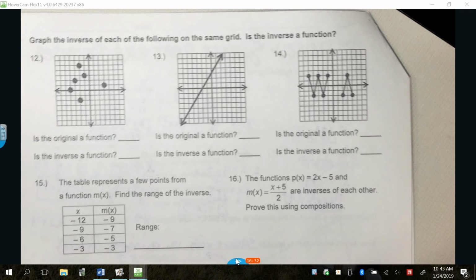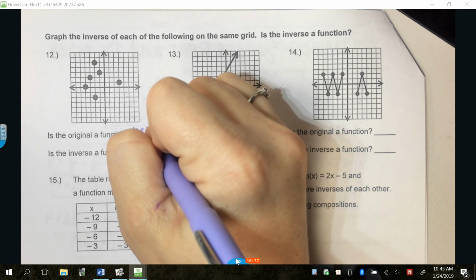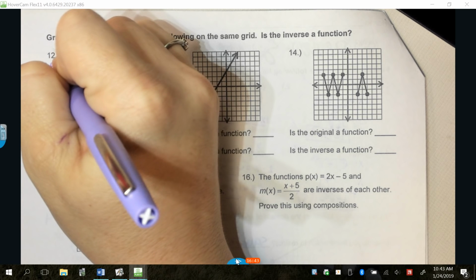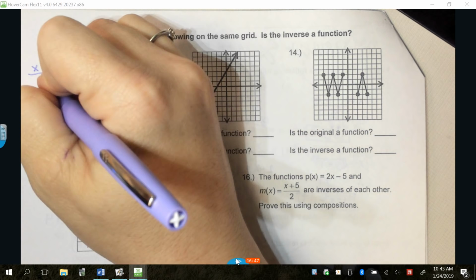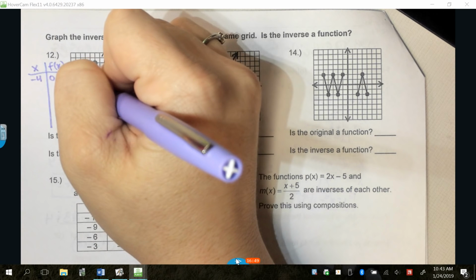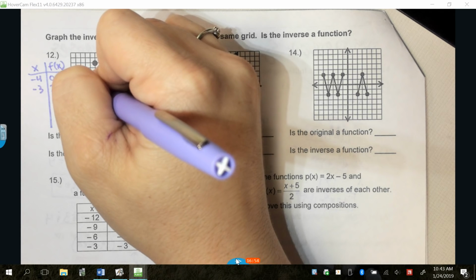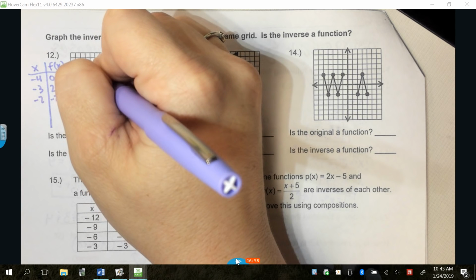Okay, I'm going to take this one piece at a time. So is the original a function? Yes. So let's build a table for the original. Negative 4, 0. Negative 3, 2. Negative 2, negative 2.